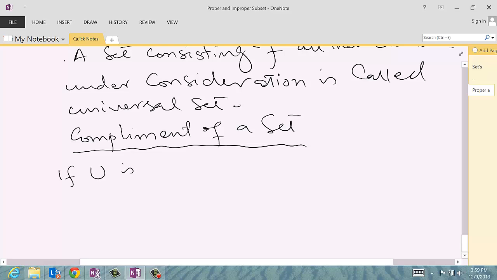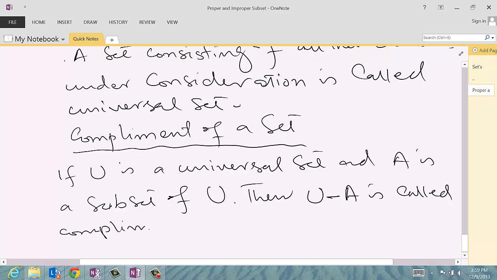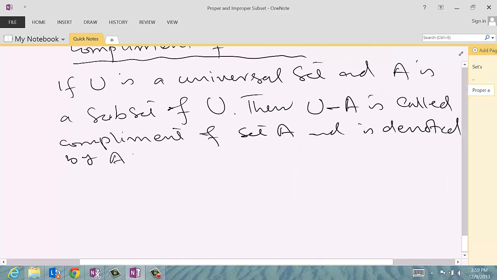If U is a universal set and A is a subset of U, then U minus A is called the complement of set A, and is denoted by A complement.